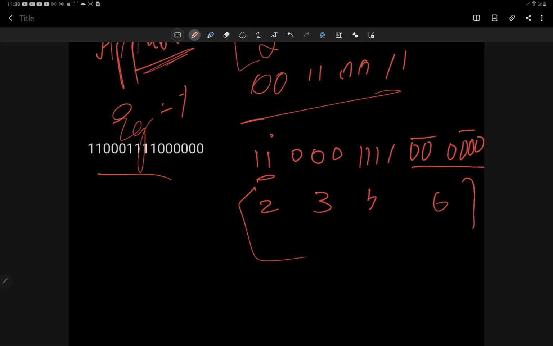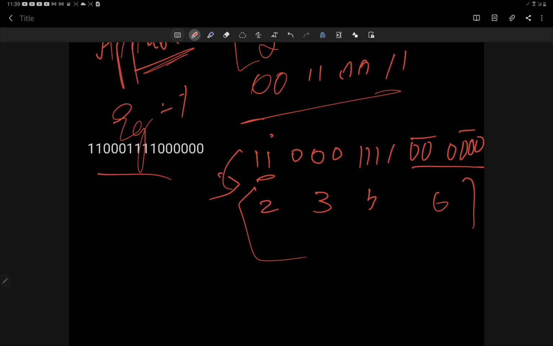So we get this from here. I hope it's clear how we are performing the count operation, because we are looking for similar characters, and as soon as it changes we reset the count and count again. By this we get the groups. This is called grouping them. Either it will be 0 or it will be 1, because that's given in the question. Now we have grouped them to know how many 0s and 1s are occurring.